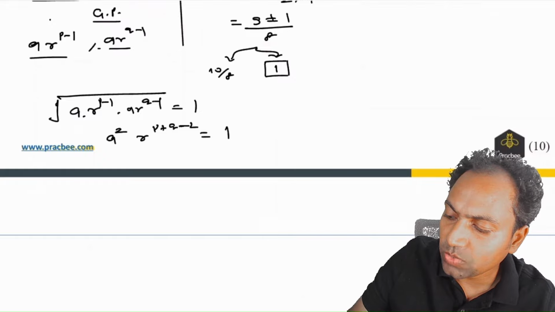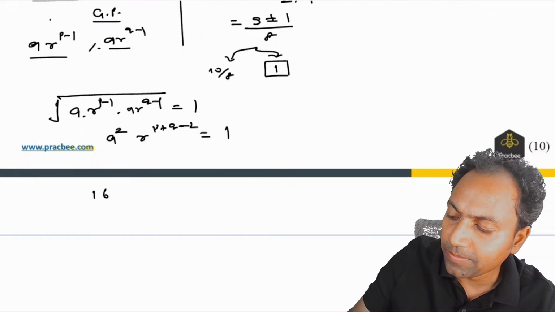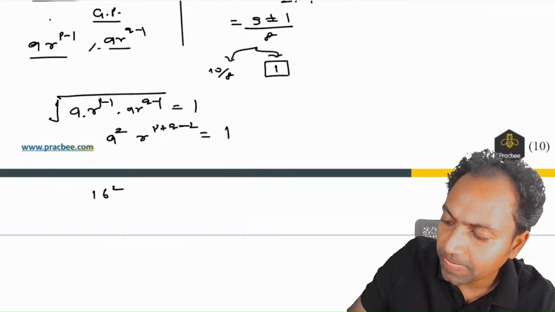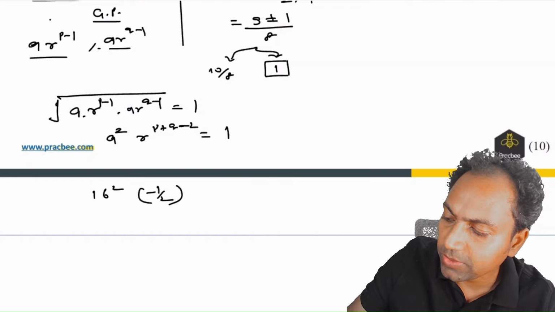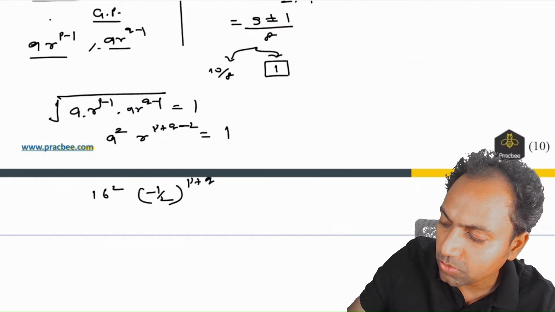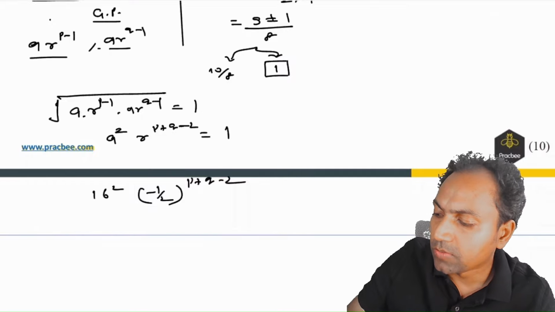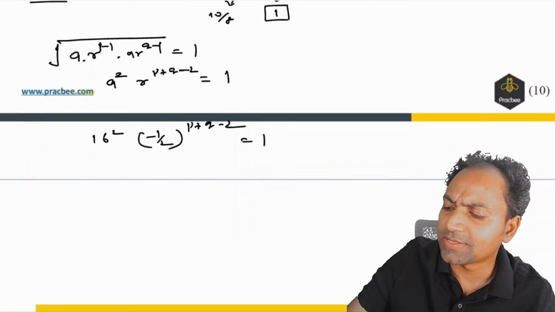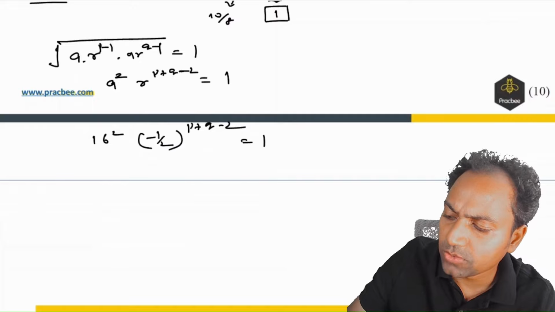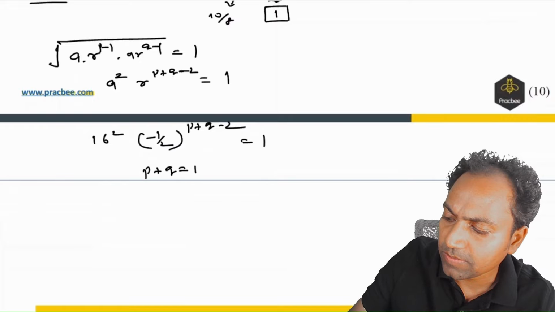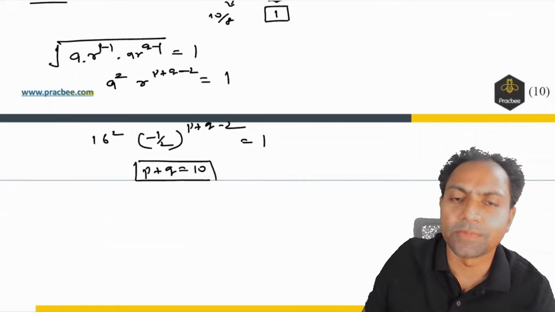So now a square here would become nothing but 16 square. And this is minus 1 by 2 raised to the power p plus q minus 2 equal to 1. If you simplify this, very simple idea, you will get the value of p plus q as nothing but 10. Quite simple to do.